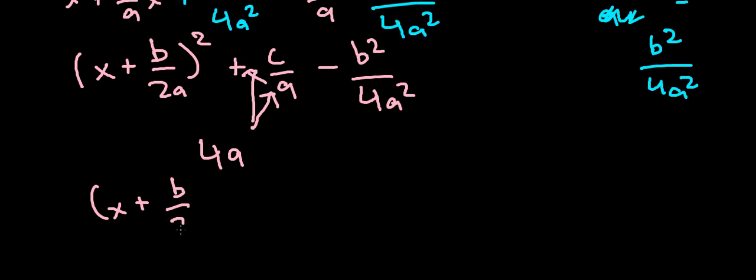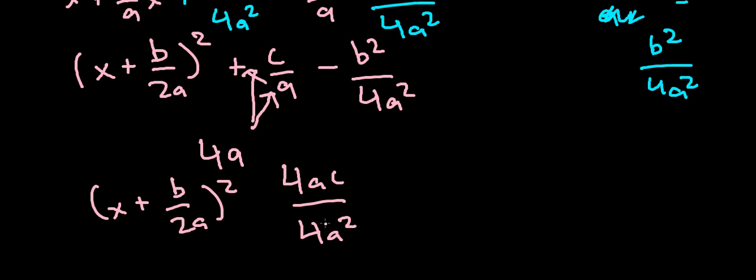So I still have x plus b over 2a squared. I multiplied the top and bottom of c over a by 4a, so I get 4ac over 4a squared. And anytime I want, I can just divide out 4a, and then I'm back with my original c over a. But I have this b squared over 4a squared over here, and these both have the same denominator, so I can just put them together.